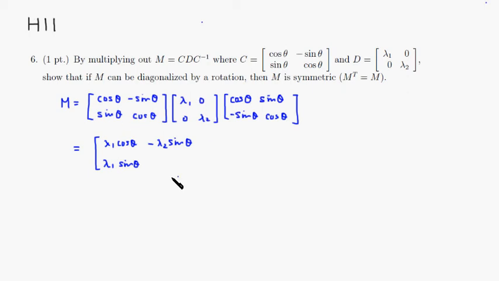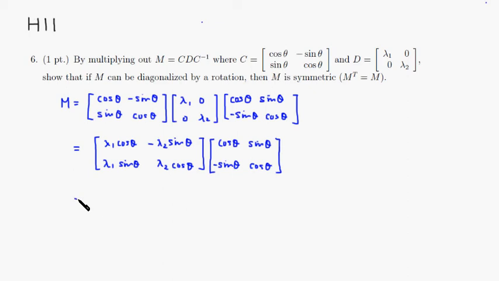This times that gives you lambda 2 cosine theta. Then the next one is cosine theta, sine theta, negative sine theta, and cosine theta.